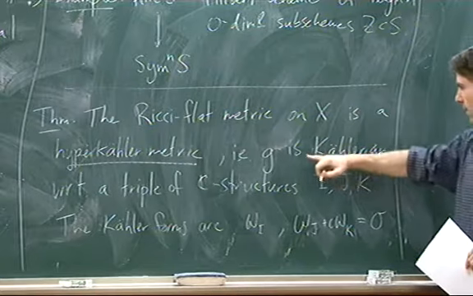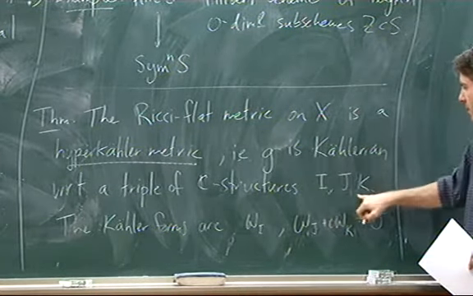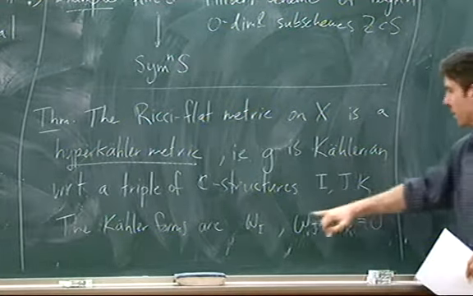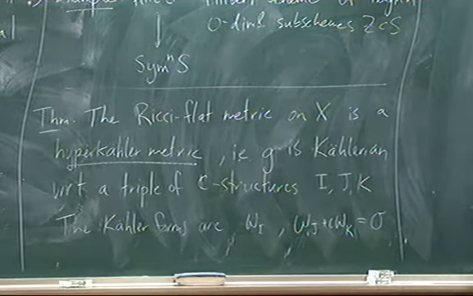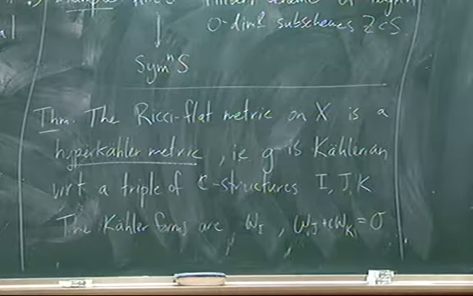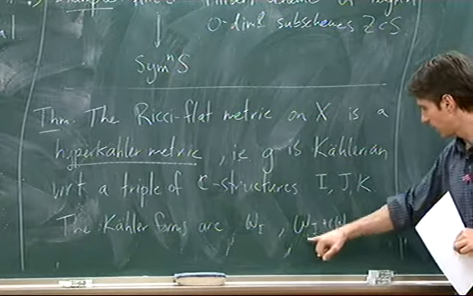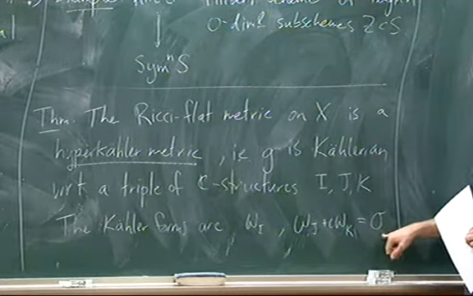So these have a metric, and it's Kählerian with respect to these complex structures, and the corresponding Kähler forms for each of these complex structures are omega I, omega J, and omega K. If you combine these, you get this holomorphic two form.